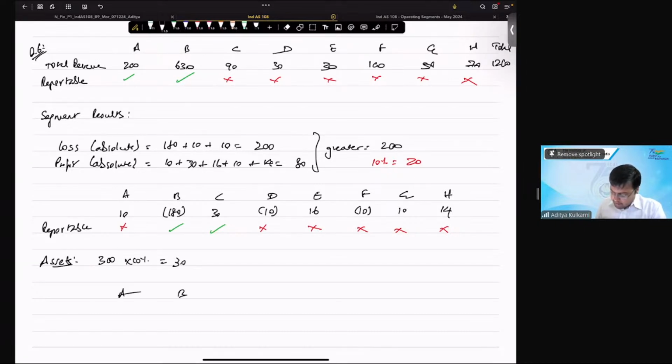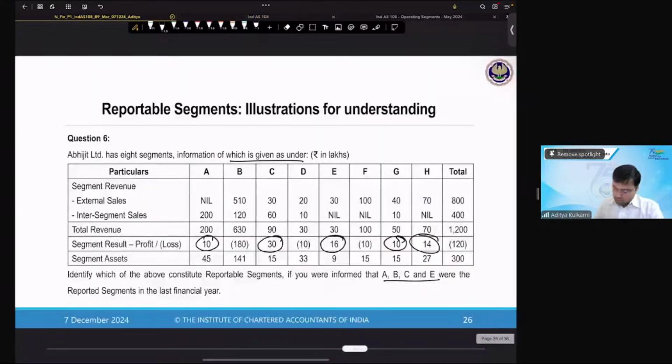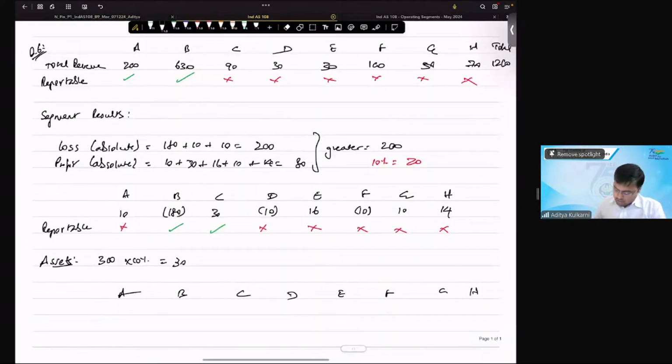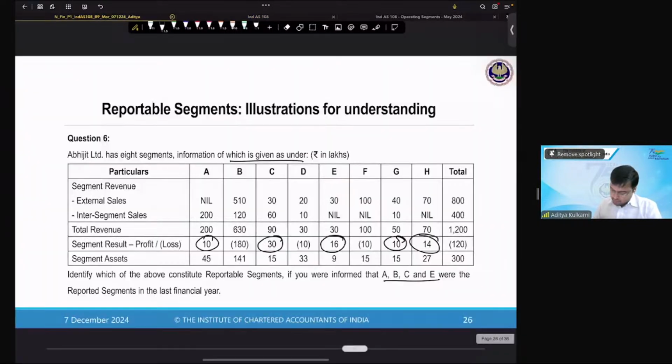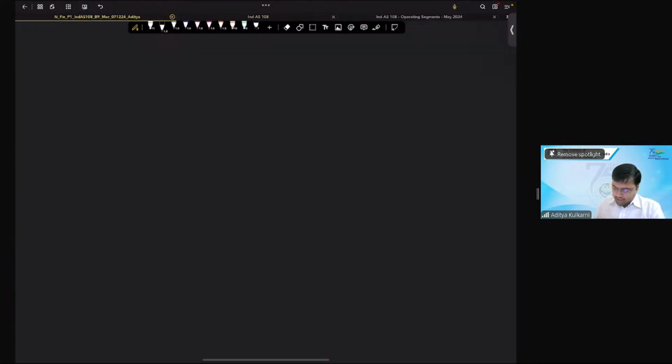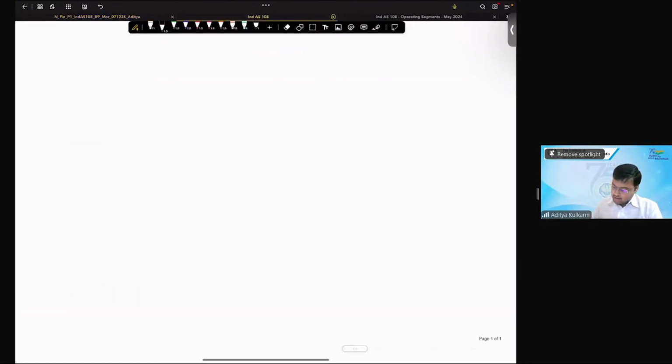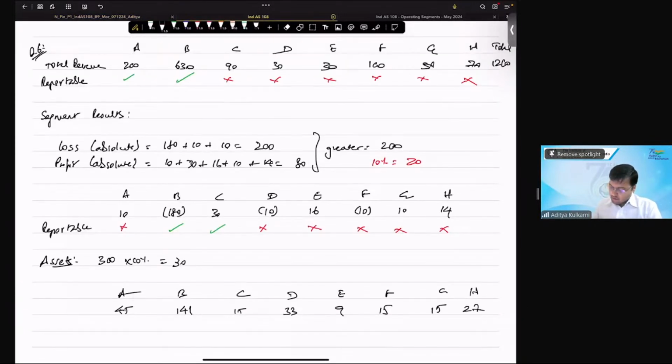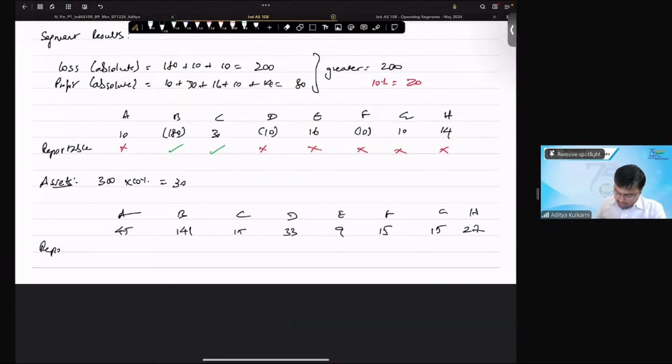So A, B, C, D, E, F, G, H. So assets: 45, 141, 15, 33, 9, 15, 15, 27. So what is your reportable segment?